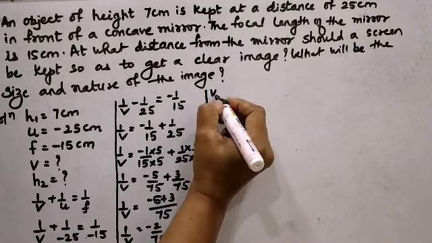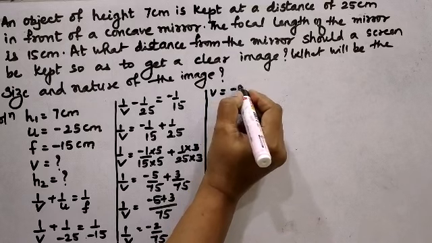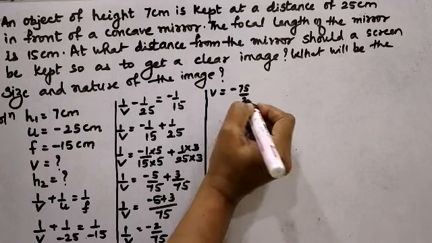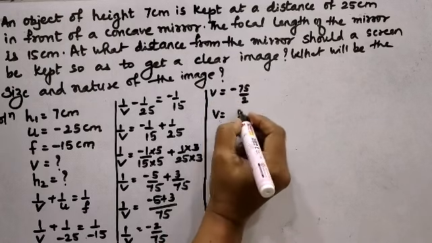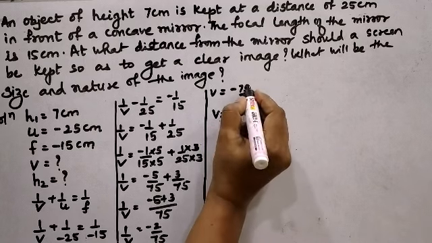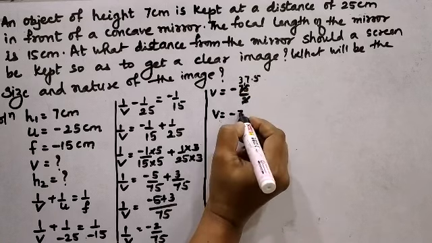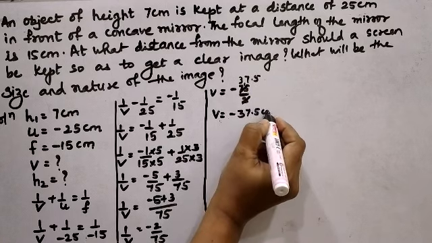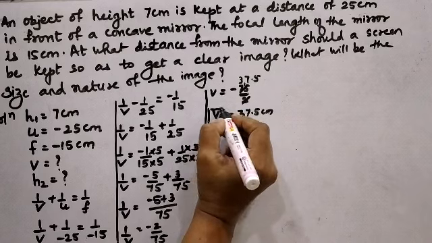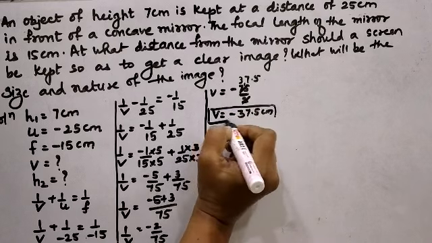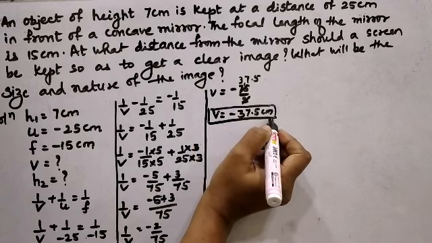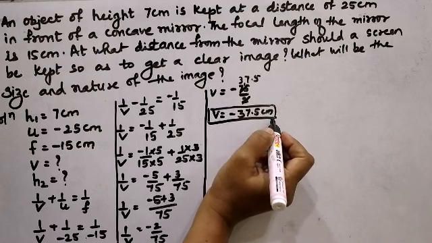So 1 upon v will become v upon 1 and minus 2 upon 75 will become minus 75 upon 2. So v will be equal to minus 75 upon 2, 2 3s are 6, 2 7s are 14 and 2 5s are 10. So minus 37.5 centimeters. Negative value of v indicates that the image is formed on the left side of the mirror.